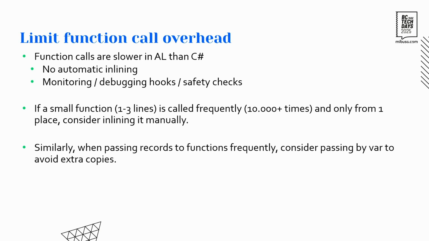When we run AL code, we actually run a compiler on top of it, and we emit some C# and compile that. But to do all the nice things you see in telemetry, and to enable debugging for you, we emit code around every statement.